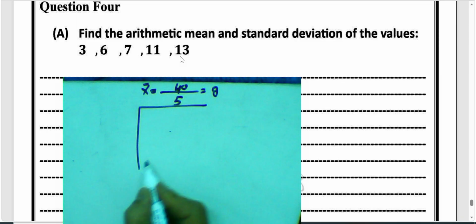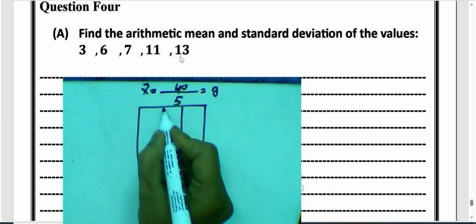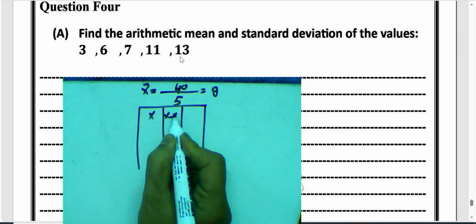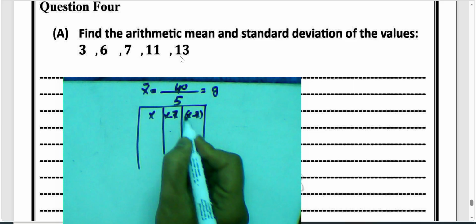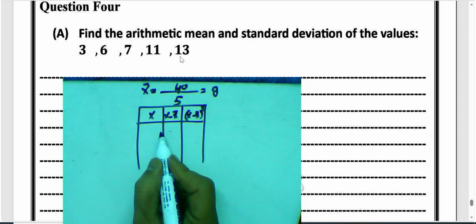Okay, now I will draw the table here, divided into parts: x, x minus x bar, and x minus x bar all power 2. We can write the values of x.